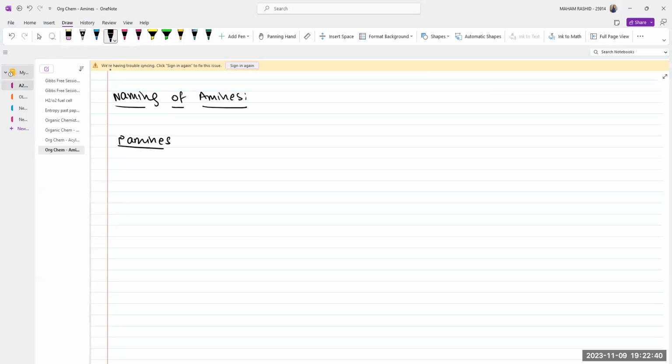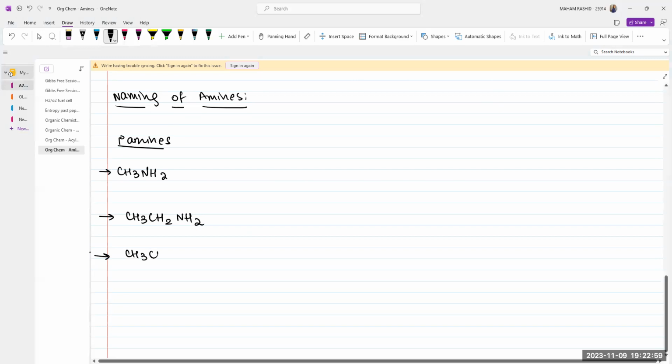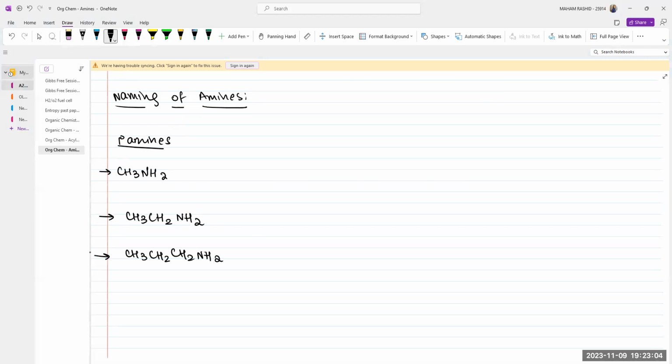Primary amines में we could have CH3 and NH2. How do we name all of these? This will be methylamine because this is one carbon group, right?